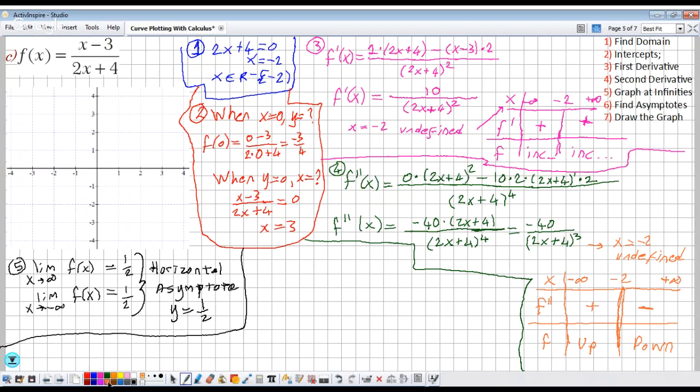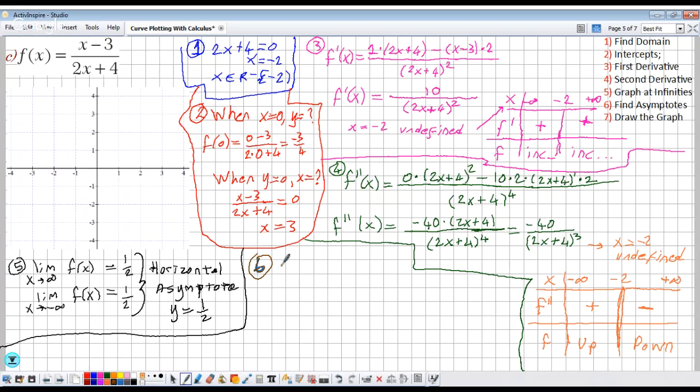So now, the final sixth step, find asymptotes. We already have found one asymptote, which is the horizontal one from the fifth step. If we have a horizontal asymptote, we won't have an oblique asymptote. I didn't talk about that in the previous page, so after this example, I will talk about that also.